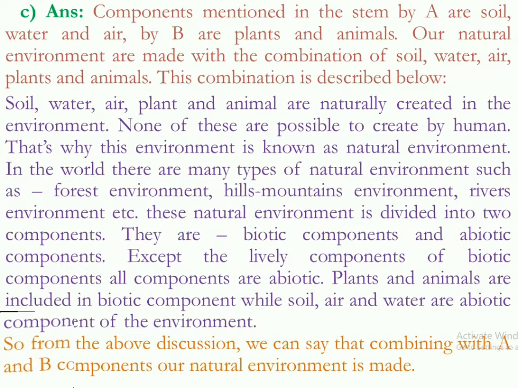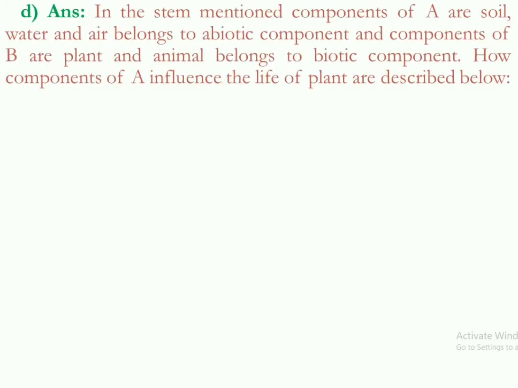Now, let us see the influence of abiotic elements on the life of plant. In the stem, mentioned components of A are soil, water, and air, which belong to abiotic component, and components of B are plants and animals, which belong to biotic component.